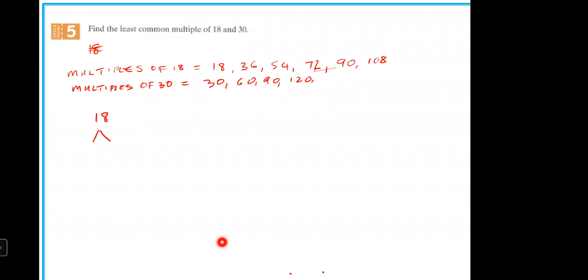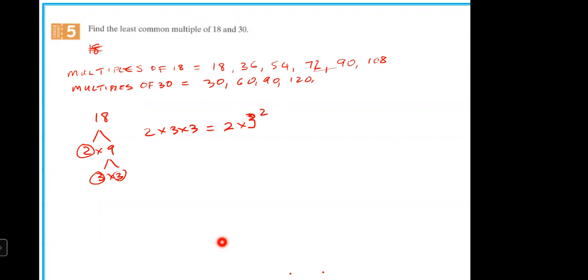Okay, let me see. 2 times 9. Okay. So 2 is prime, and then 9 could break down into 3 times 3. Okay. So that's the end of that. So that would be 2 times 3 times 3, which is equal to 2 times 3 to the second power.